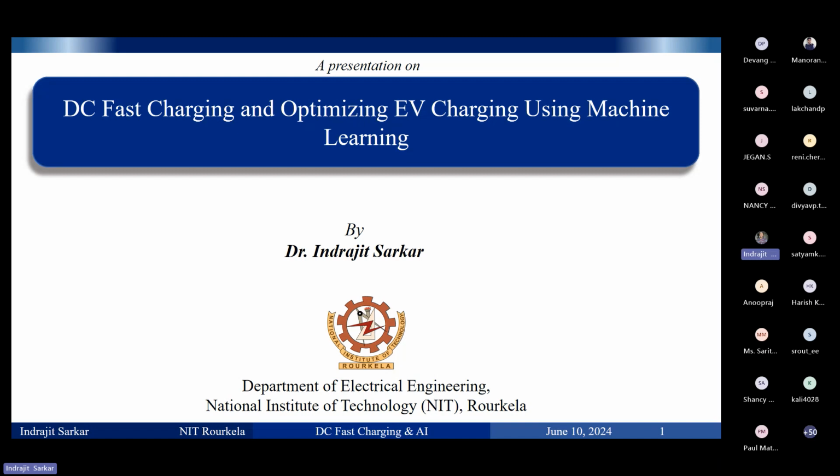Now, when it is EV, one of the important points to be mentioned here is, when a layman, who is not an electrical engineer or an automobile engineer, is going to buy a car, he or she is going to compare that vehicle with the existing conventional vehicle.